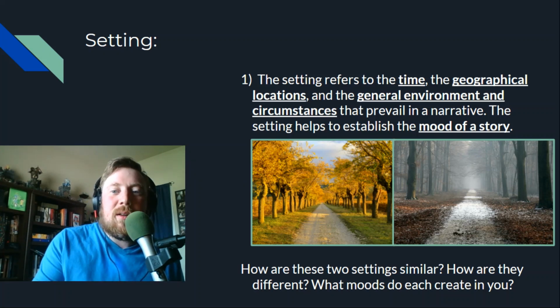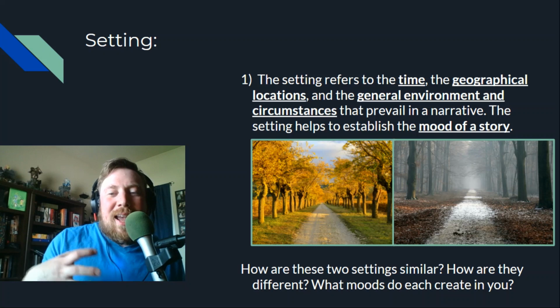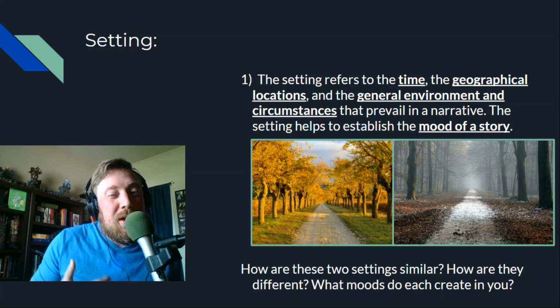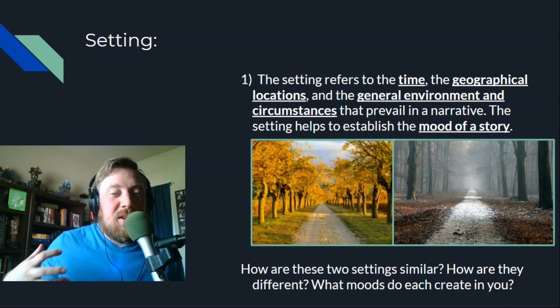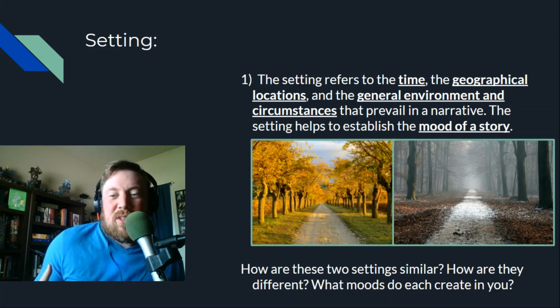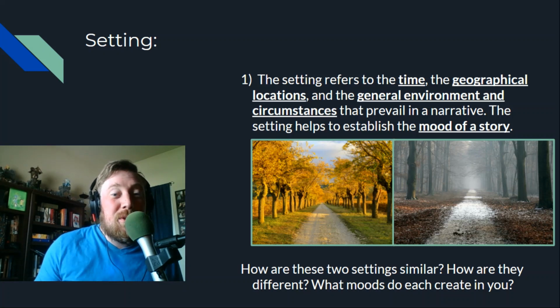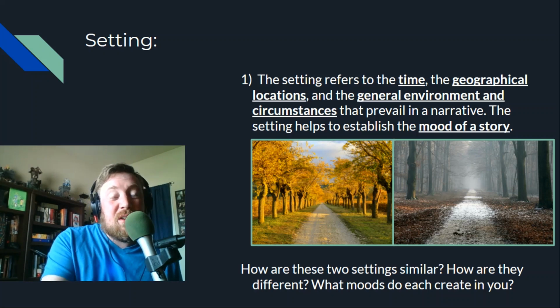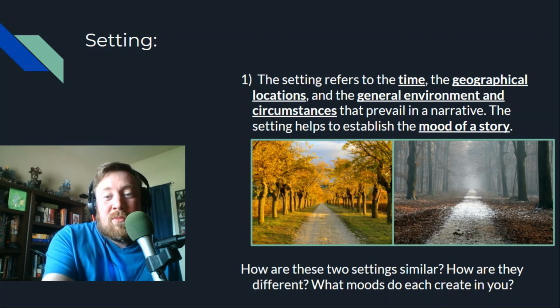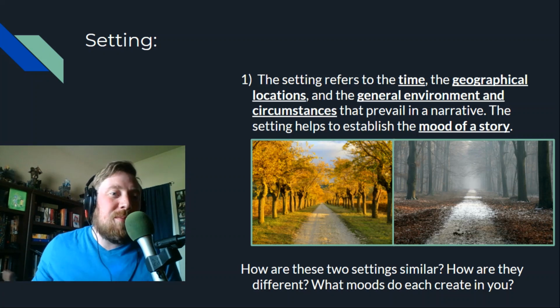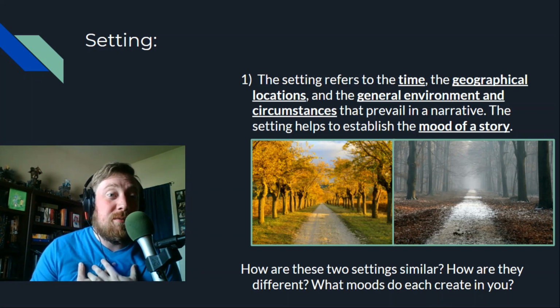The trees are all dead, and it has a more foreboding, mysterious, perhaps even scary sense to it, right? And so that's how settings can change the mood, even when you have a similar or the same setting. Depending on how you describe it, it can change the feelings that are evoked in the reader.